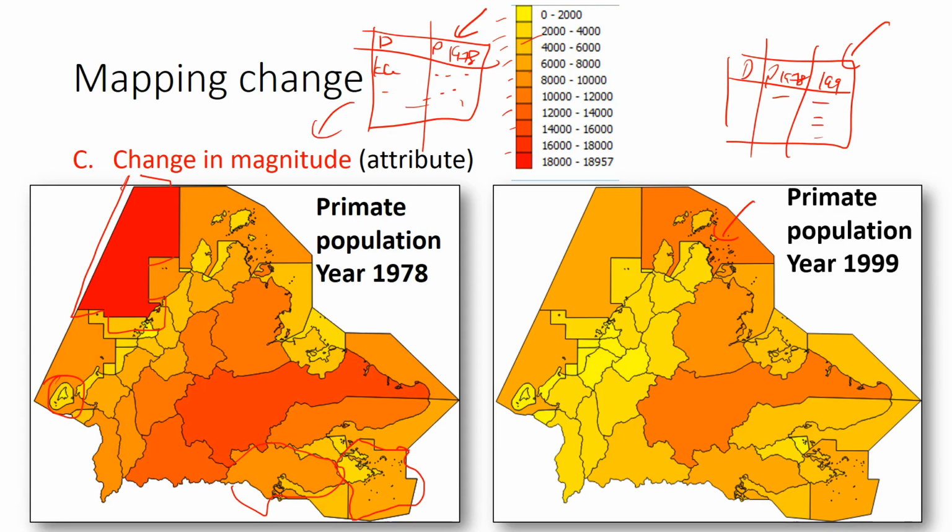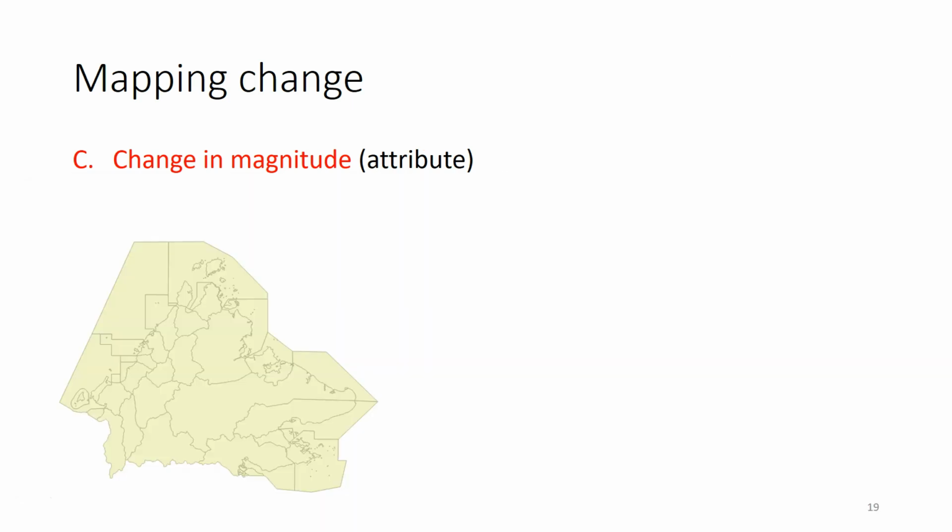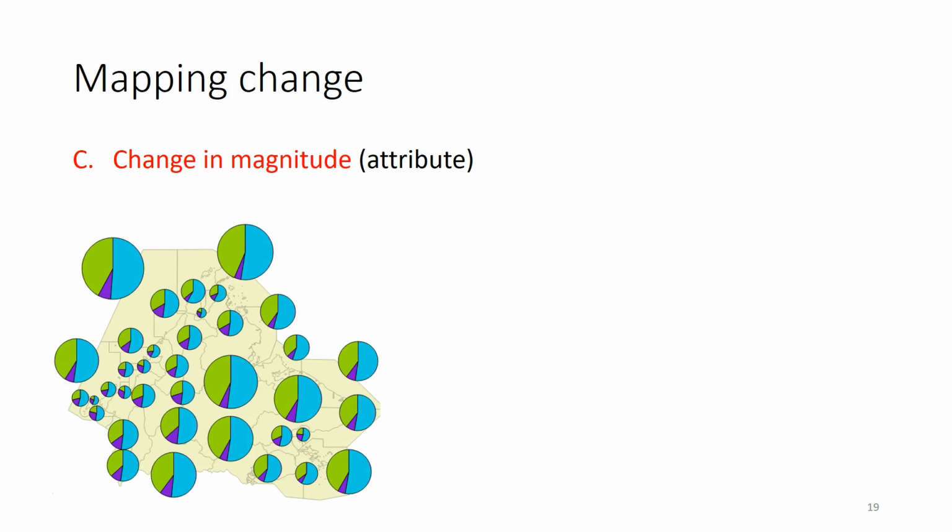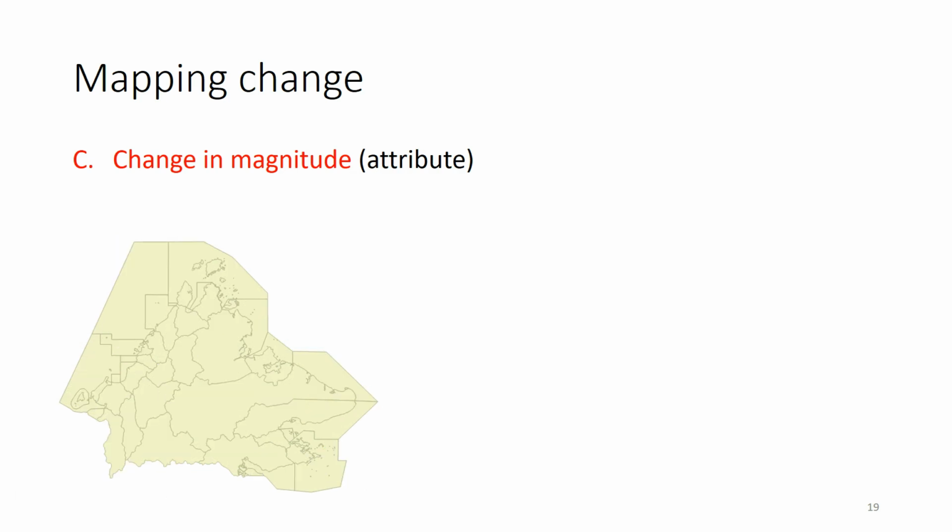So just now the map was quite simple. Just now I only had primates. Now I have 3 different types of primate, let's say proboscis monkey, orangutan, and macaque for 1978. Actually I can present the map in this way. What you see here is still different districts. You can see the polygons.